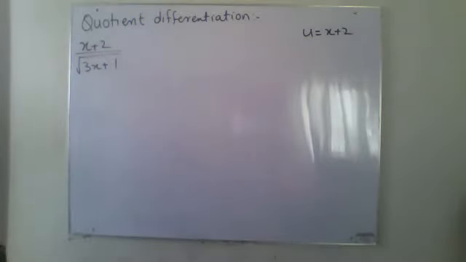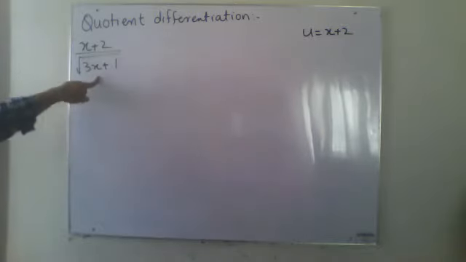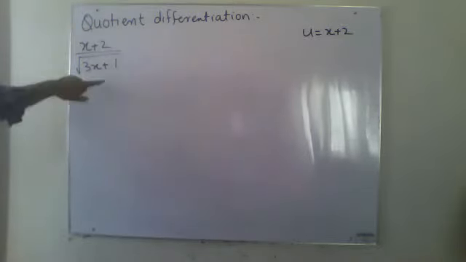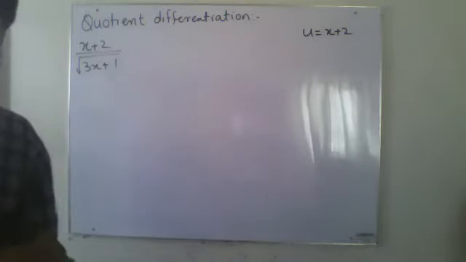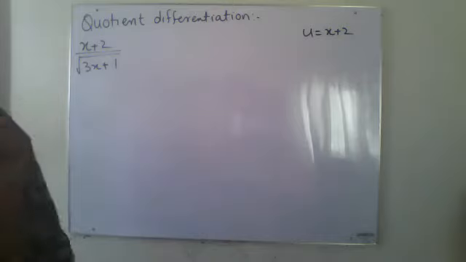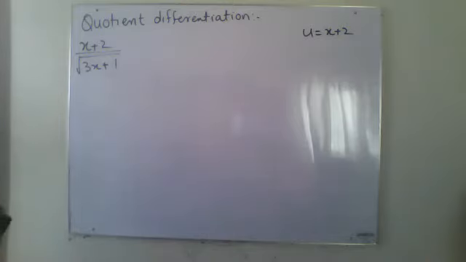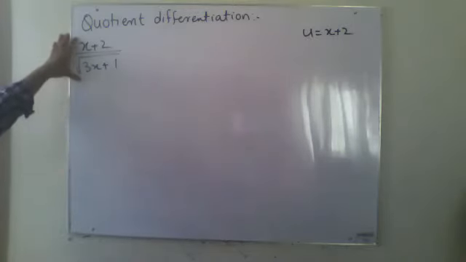How will you identify? One term in the numerator, one in the denominator: this cannot be shifted upward, that cannot be brought downward. If numerator and denominator both have more than one term, and in those terms an x term is there, you are going to apply the quotient rule.